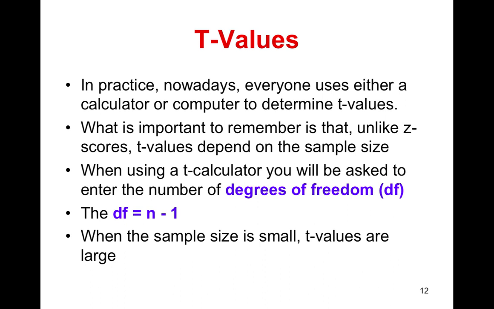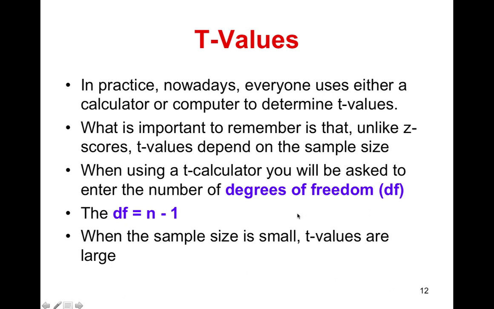In practice nowadays, everyone uses either a calculator or computer to compute t-values. It's important to remember that, unlike z-scores, t-values depend on the sample size. So when we're using a calculator, we're going to be asked to supply something called the degrees of freedom, abbreviated DF.